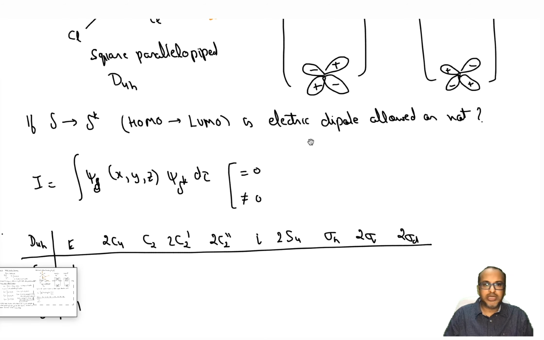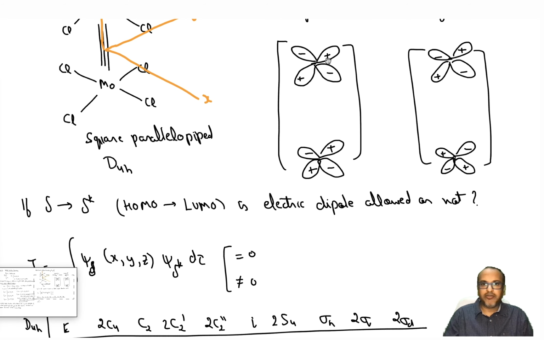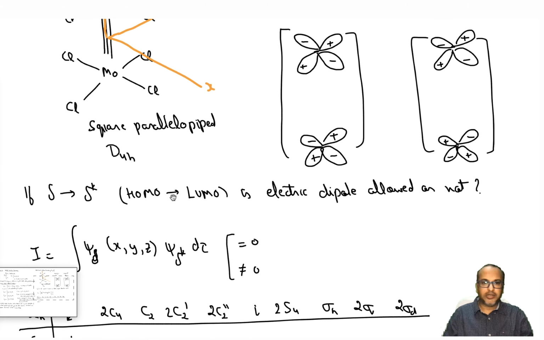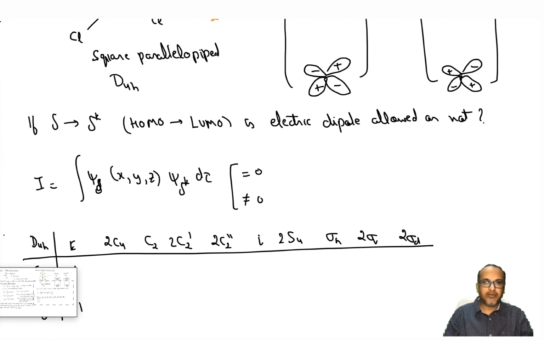If I do a C4 operation, plus goes to minus: the negative lobe goes towards the positive lobe and the positive lobe goes to the negative lobe, and this happens for all of them. So all the positive signs go to negative, and all the negative signs become positive, right? So you have the character under C4 as -1 for both the orbitals.